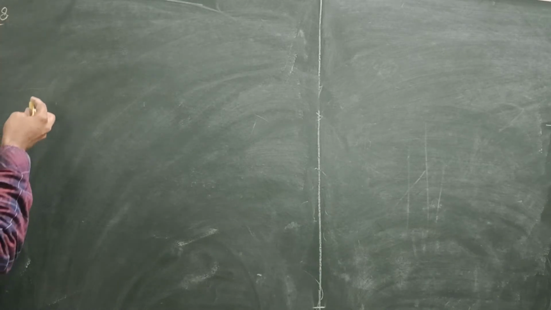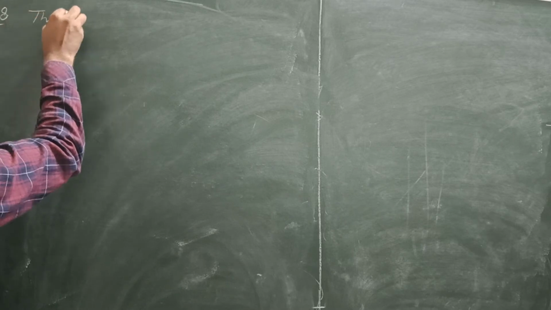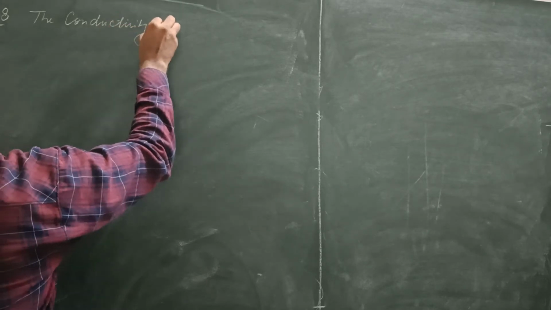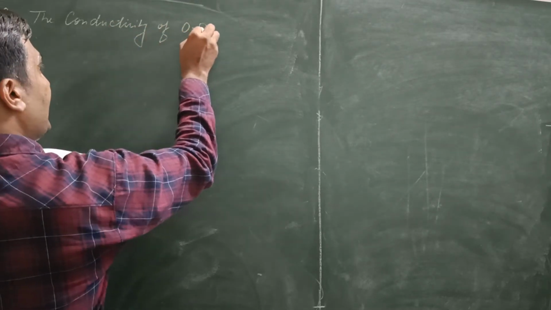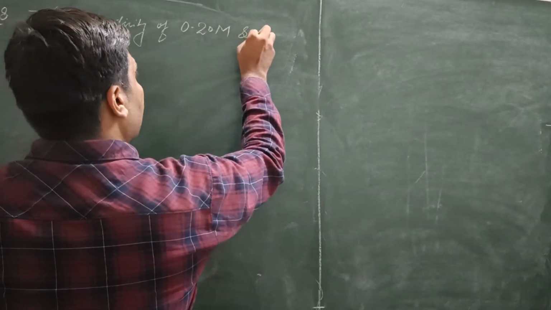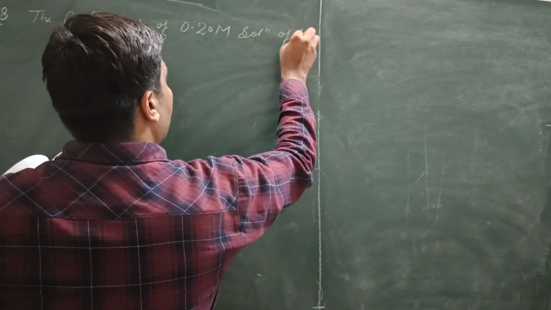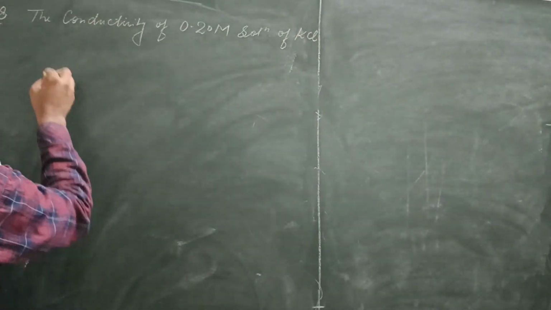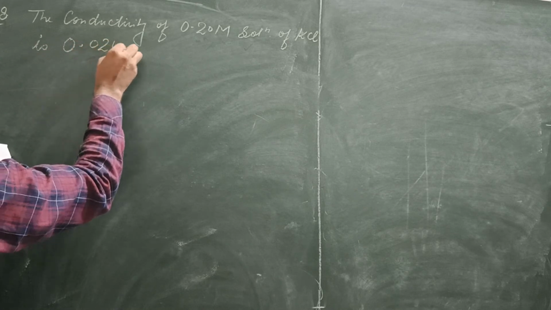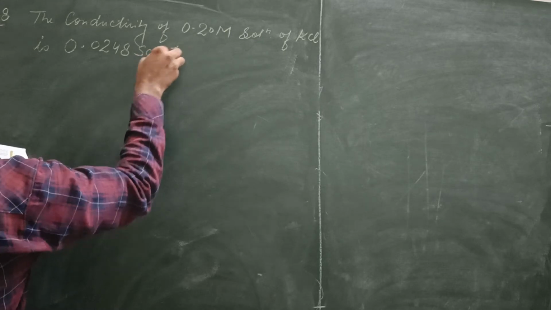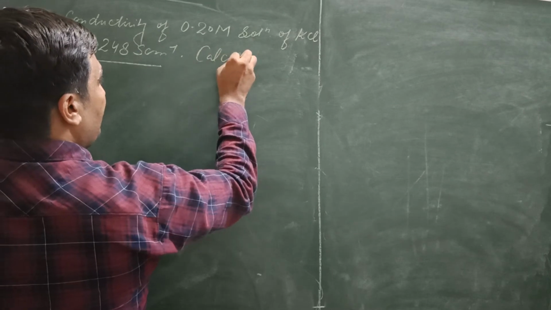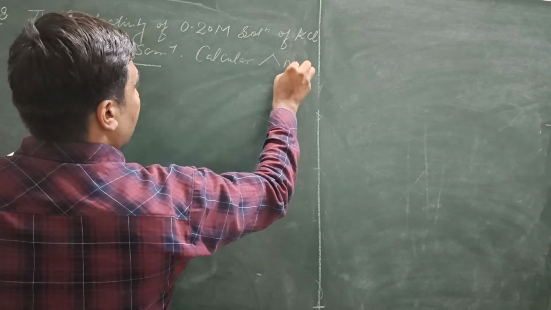It is given that the conductivity of 0.20 molar solution of KCl is 0.0248 Siemens centimeter inverse. Calculate its molar conductivity. We have to calculate molar conductivity.